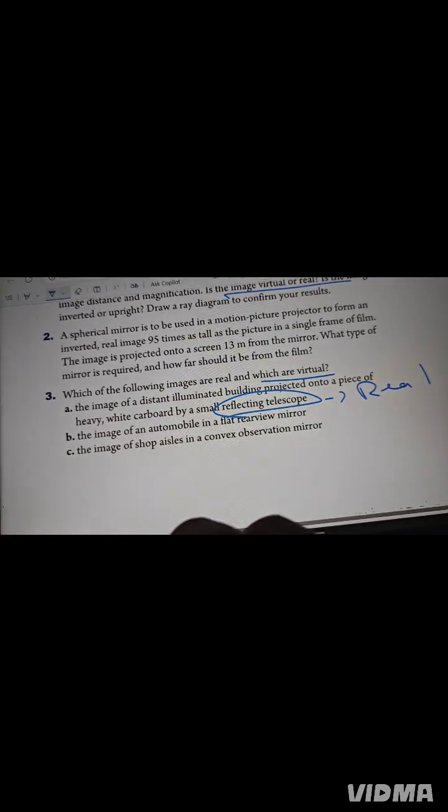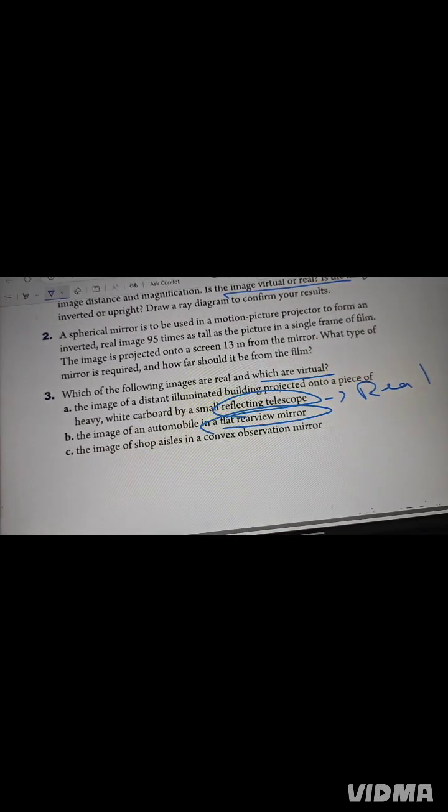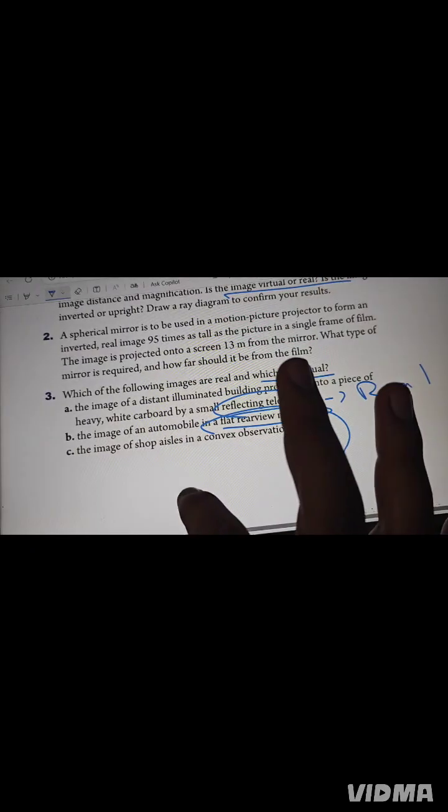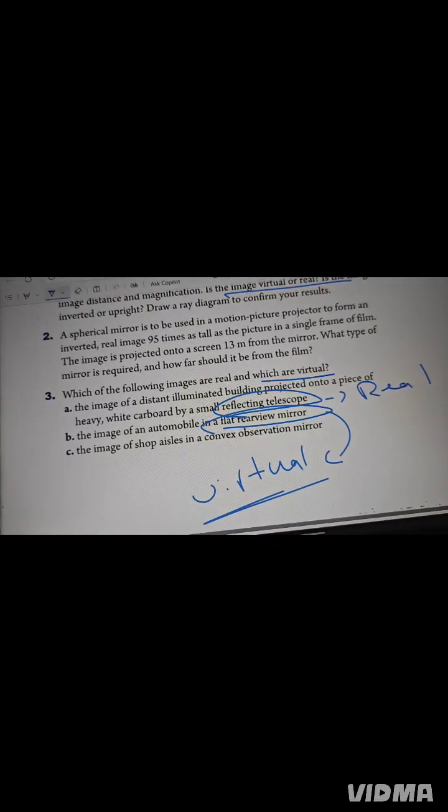Part B, rear view mirror. A flat rear view mirror, we have explained it, is virtual. You know why virtual? Because in a rear view mirror, which type of mirror do we have? Convex spherical mirror, right?